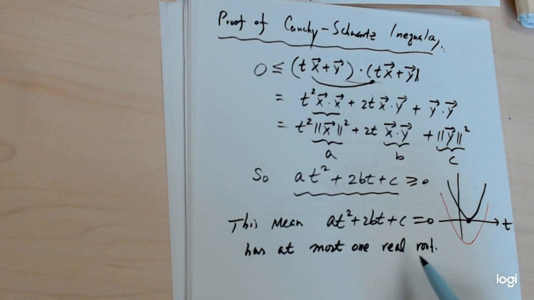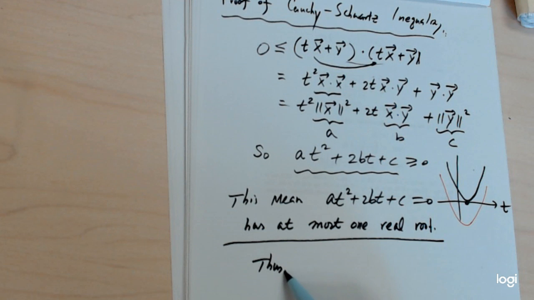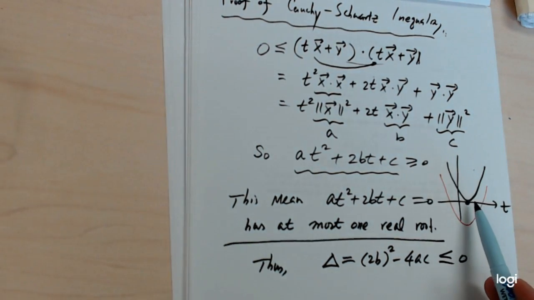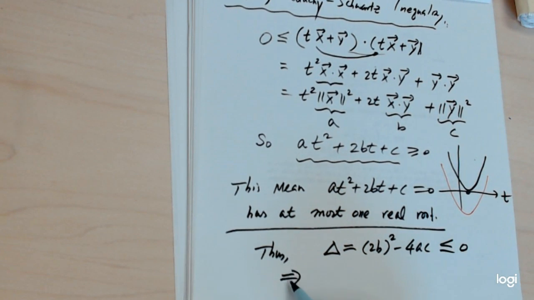Thus the discriminant, which is 2b squared minus 4ac, is less or equal to 0. If it is 0, that means there's exactly one root. If it's less than 0, that means there's no solution. Which is identical to saying b squared has to be less or equal to ac. And we write down what a, b, and c are.